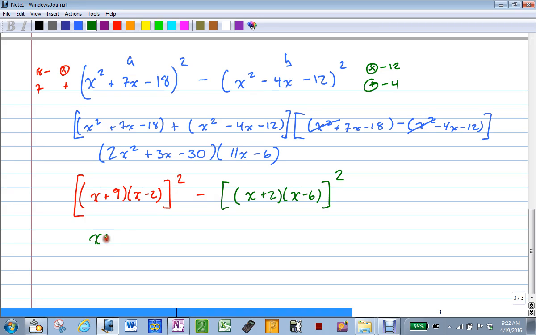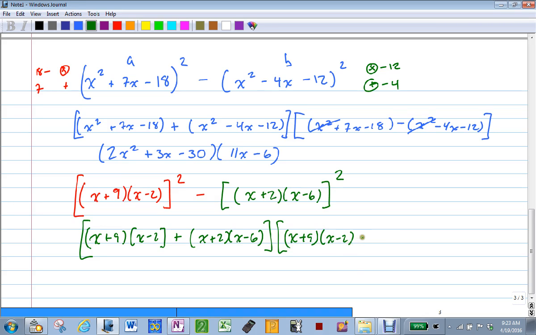It's going to be x plus 9, x minus 2, plus this side, x plus 2, x minus 6. And then I'm going to do the same thing over here with what in the middle? Minus x plus 2, x minus 6. Am I done there?